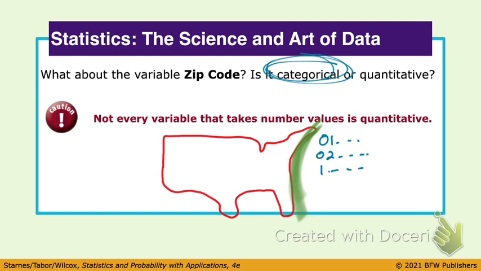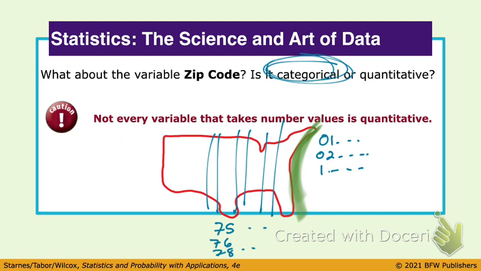And then as you go further over, Texas is like 7.5, 7.6, 7.8-ish, right? And then as you get over here, anybody know Beverly Hills, California? 90210. So as you go from east to west across the U.S., it goes from 0s to 9s. That's just a fun fact for you. Cool, right? Awesome.